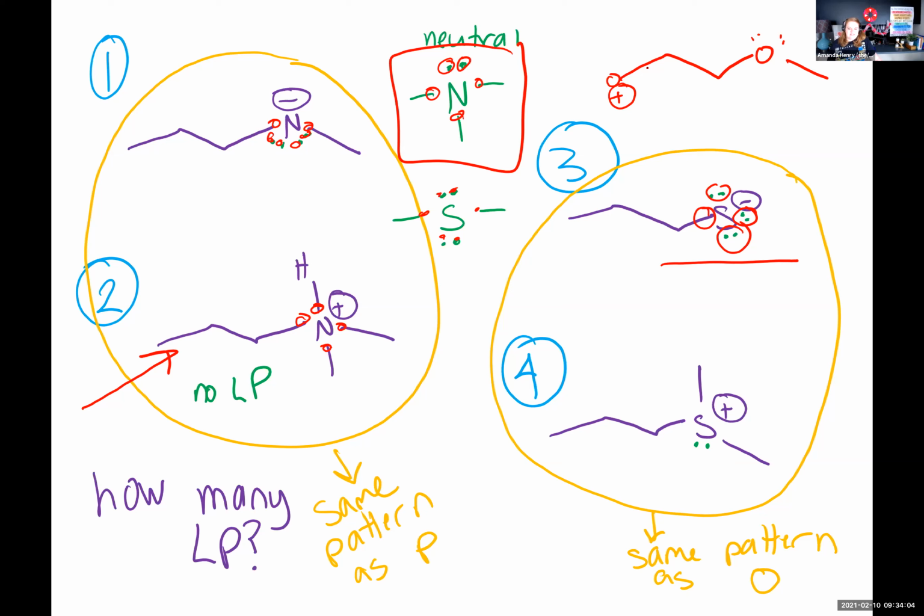For later tests, that wouldn't be a direct question, but you might have structures with charges, or as you're reacting something, you'll just need to know what those charges are. So we'll obviously get to that much later, but for that first test, you're filling in the missing pieces, either filling in a missing charge and you're given all the lone pairs, or filling in a missing lone pair and you're given the charge.